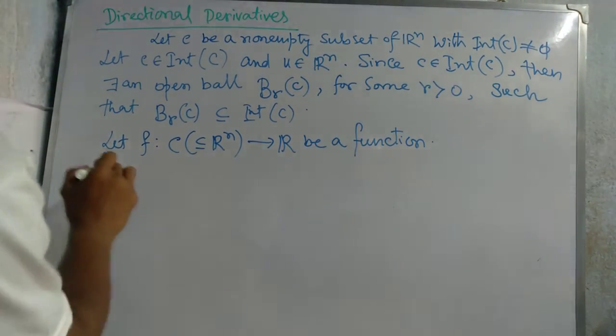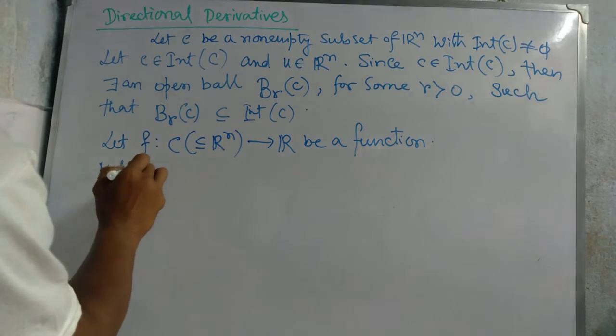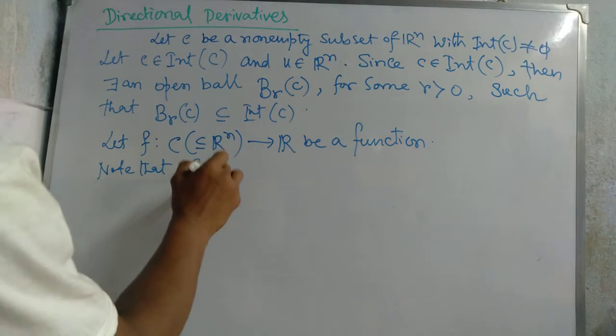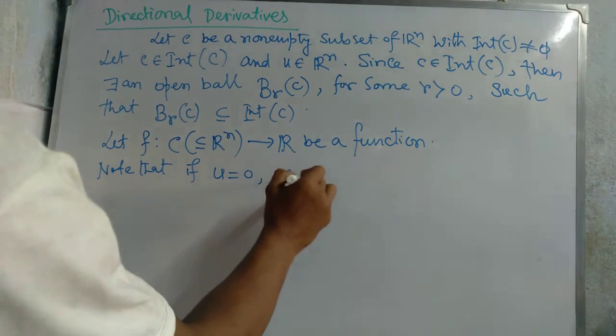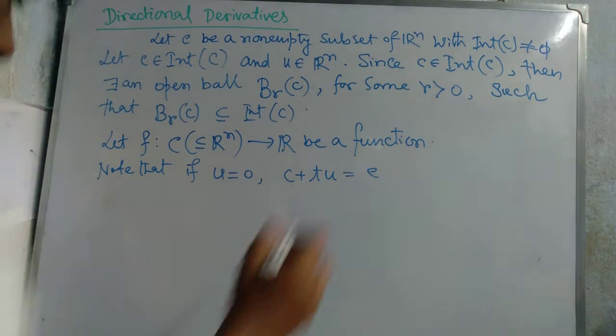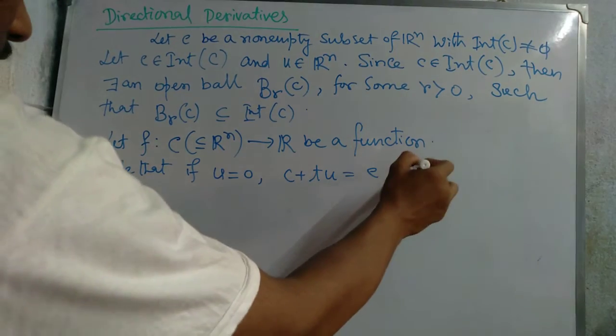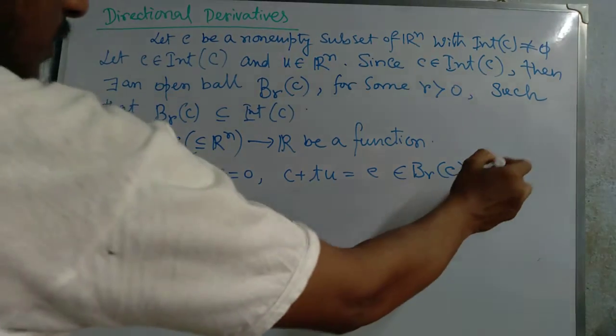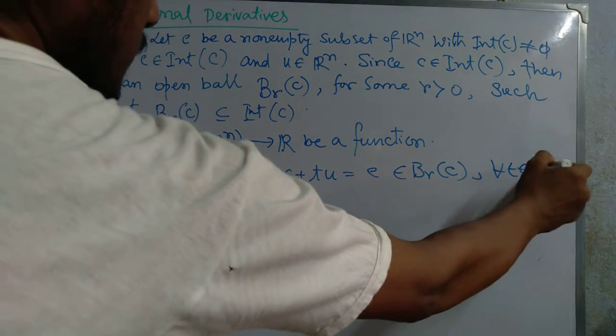Note that if u equals 0, then c plus tu equals c, which belongs to B_r(c), for all t belonging to R.